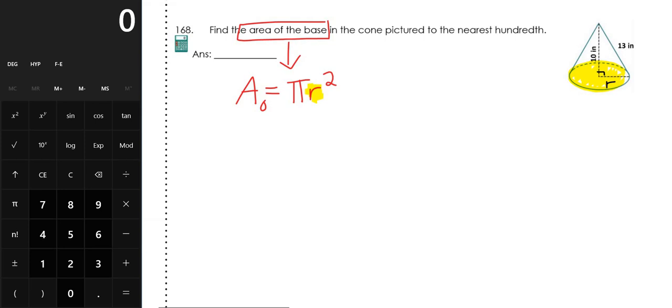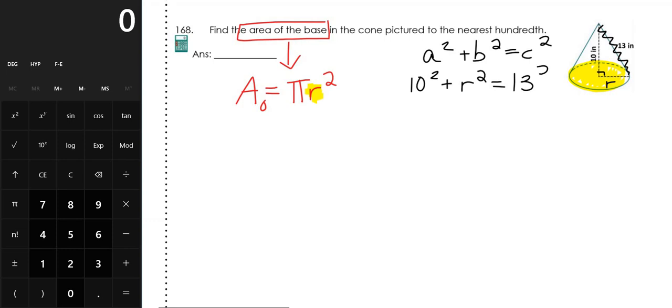Remember, your Pythagorean theorem is a squared plus b squared equals c squared. C is always your hypotenuse. In this case, that's the 13. It's the one across from the right angle. So we're going to plug in 10 and r as your a and your b. So 10 squared plus r squared equals 13 squared.